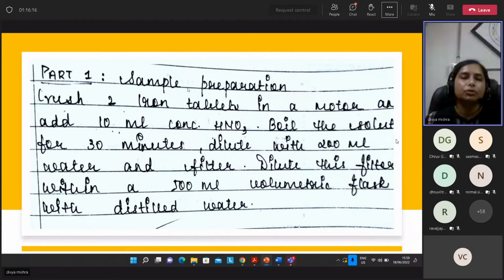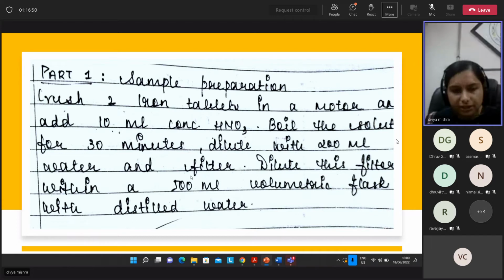Going through this practical, first of all we need to prepare our sample. For that we will crush 2 iron tablets in a mortar using a pestle. Then after crushing, we will triturate it with 10 ml of concentrated nitric acid. We will boil this solution for 30 minutes and then dilute it with 200 ml of water.